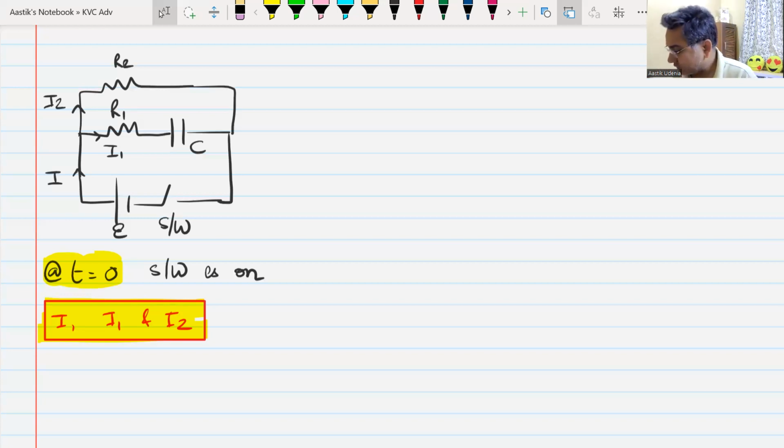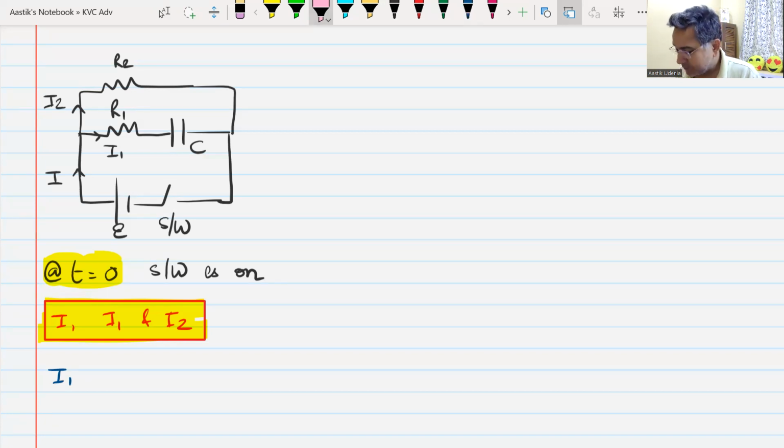What is the value of I1? At time t equal to 0, when the switch is switched on, how does the capacitor behave?